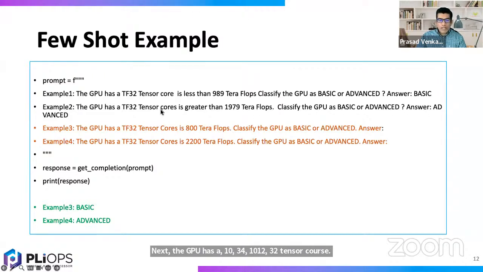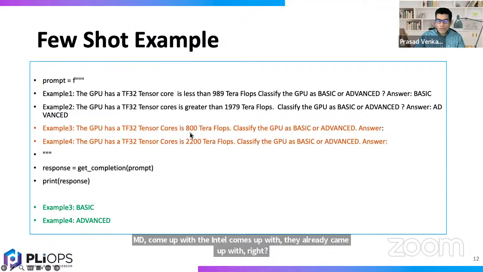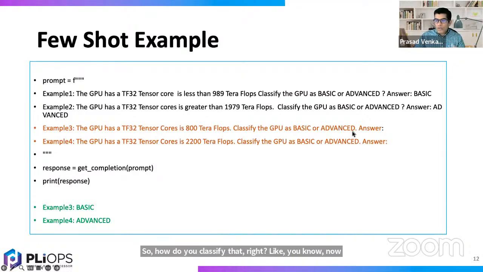Now, these are my two examples. Then I've asked the question: I have a new GPU. Let's imagine AMD or Intel comes up with one, they've already come up with one, right? So how do you classify that? Let's say this GPU is at 800 teraflops. How do you classify it?